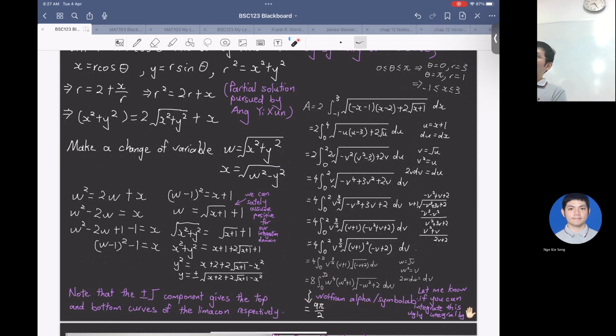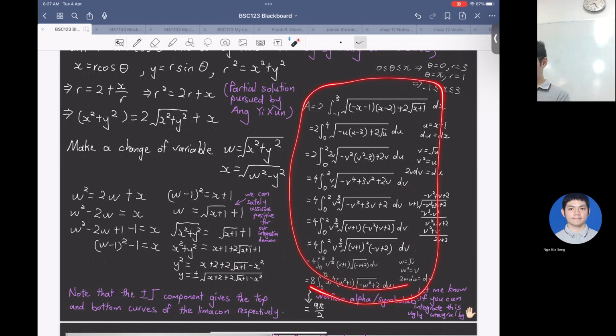This is not cheating, but I'm suggesting you can use Wolfram Alpha or Symbolab if you're stuck on some integral, for you to find some hint instead of just doing it.